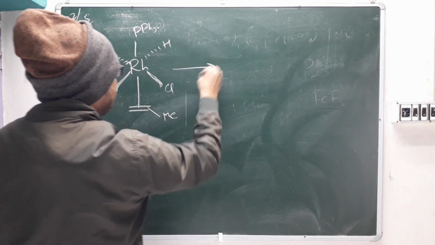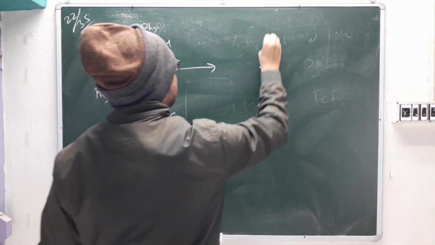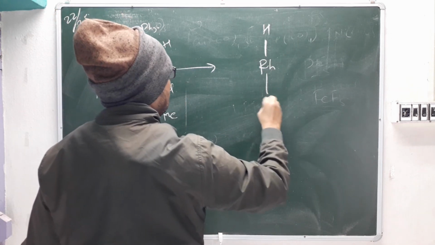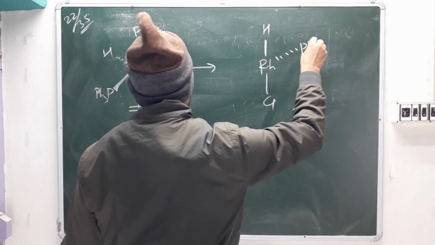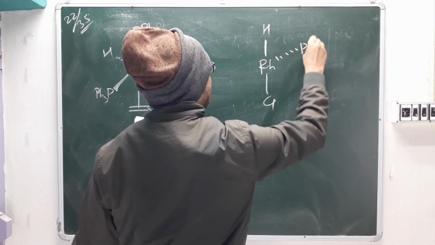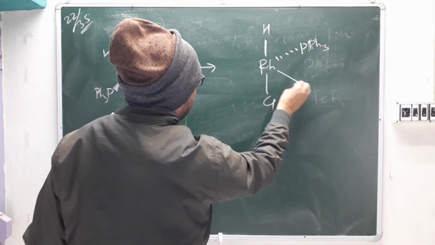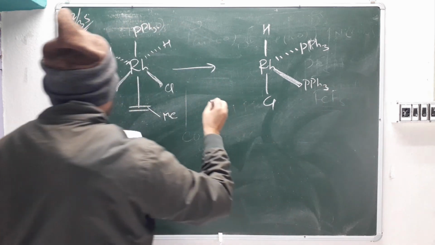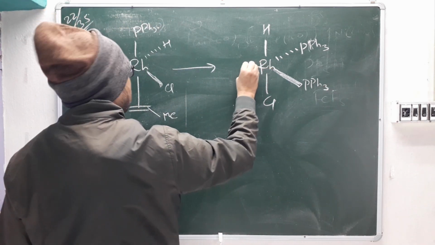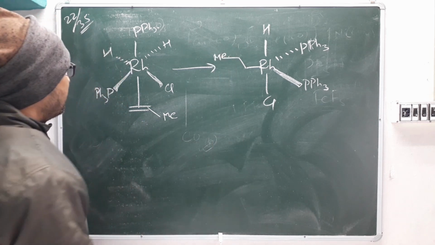Now what is happening after the reaction? Just see after the reaction what is happening. Hydrogen, chlorine, this is away from the observer. PPh3, triphenyl phosphine, correct? It is a heavier molecule. And now, this is methyl. So what is happening here?